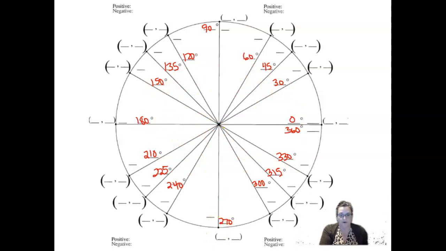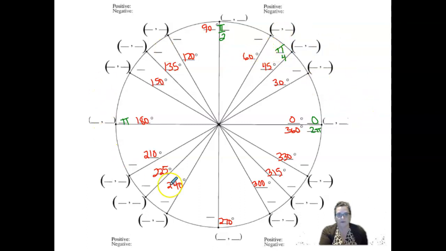Okay, now for radians, there are 2 pi radians in the whole circle. Half of that is pi. Half of that is pi over 2. And half of that is pi over 4.